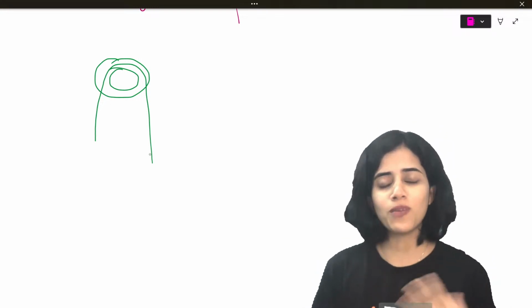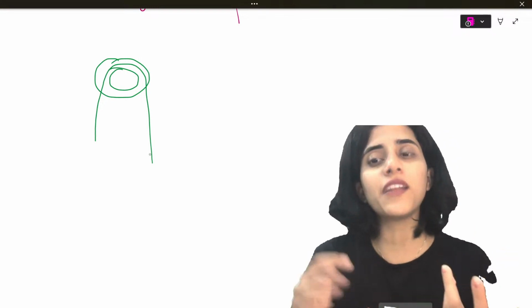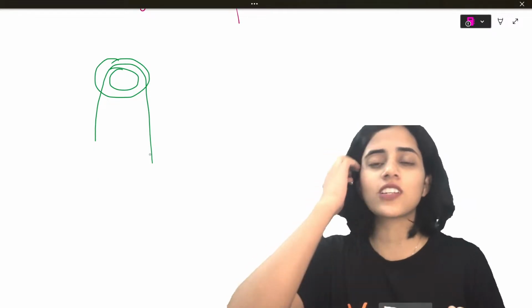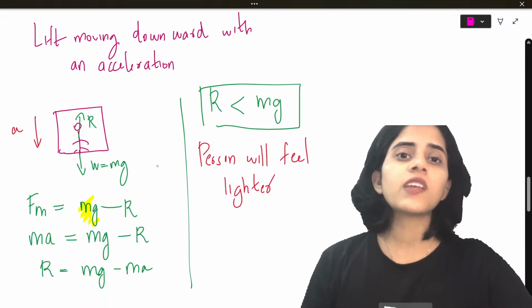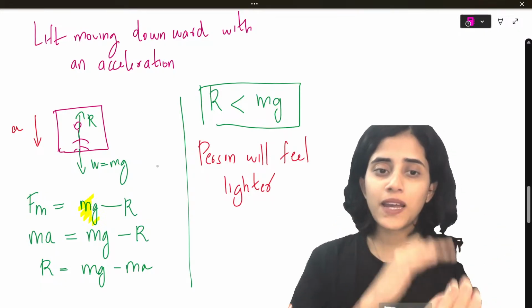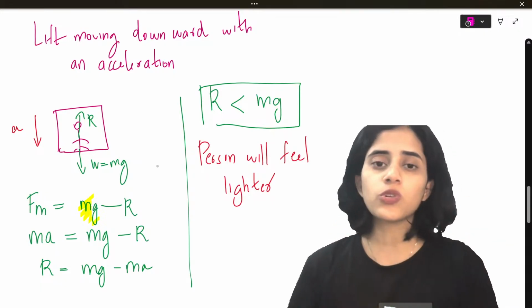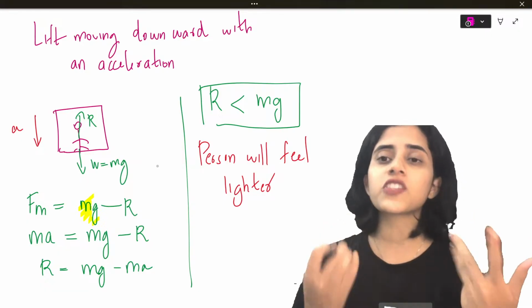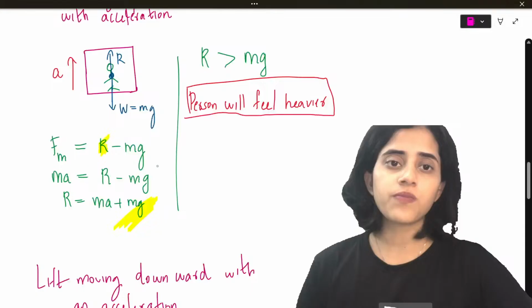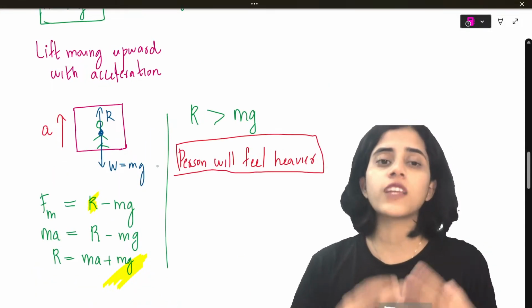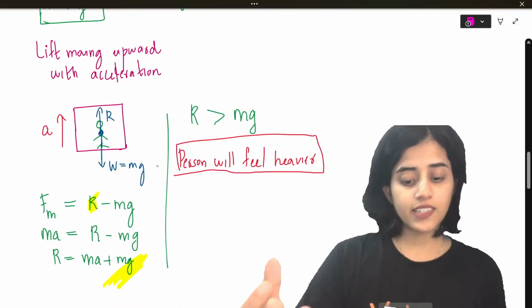Hey, Sumit Kumar, normal reaction is greater or lesser depending on the acceleration and all that. That is what we derived here. When the lift is moving downwards, mathematically we proved that normal reaction will be less. So if normal reaction is less, you will feel light. Now in this case, we mathematically proved that normal reaction will be greater.